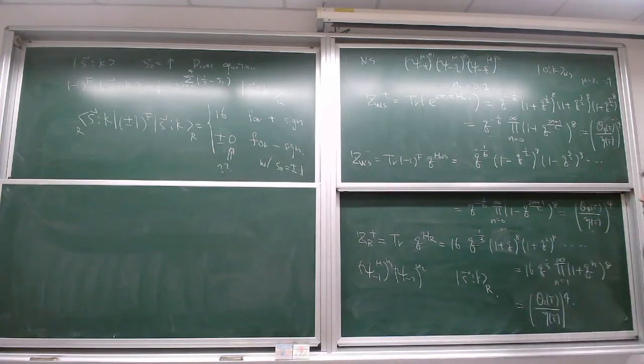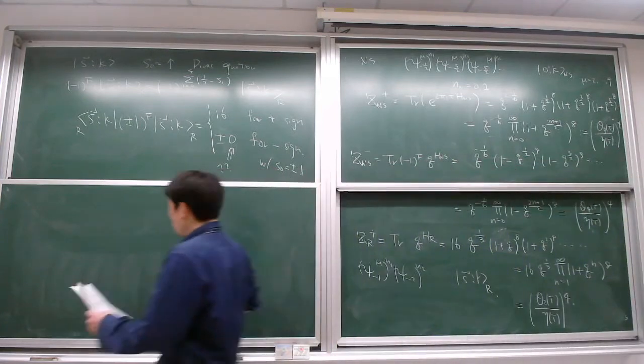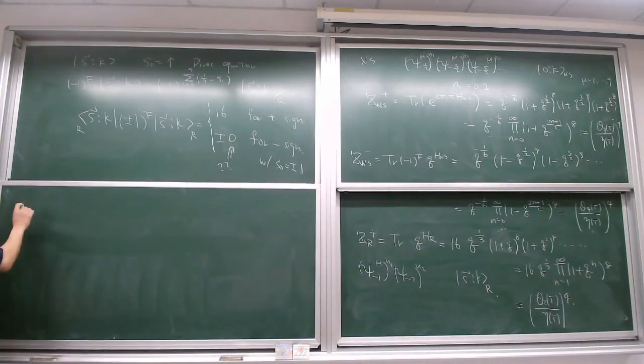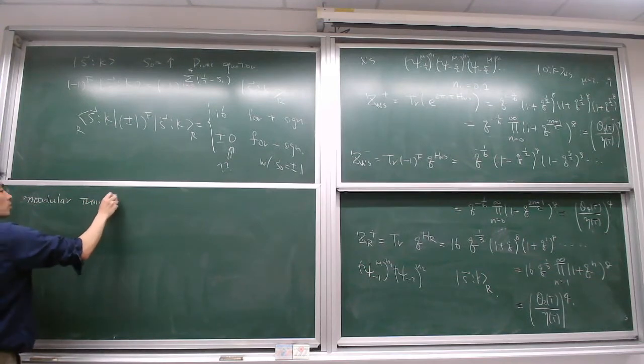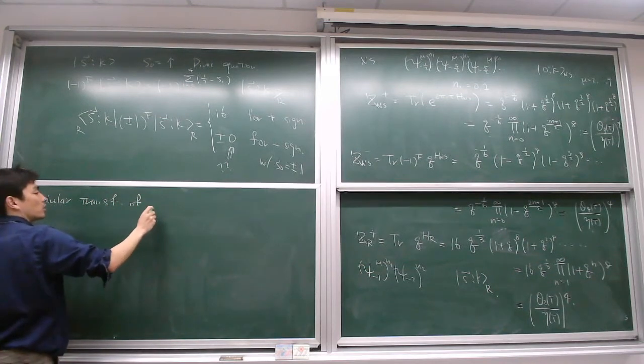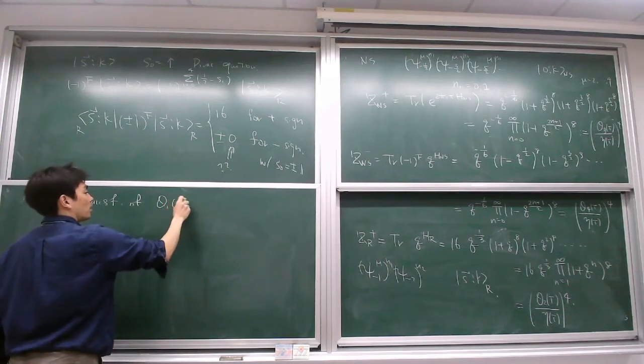Okay, so let's take a look at this one. I just give you some examples of modular transformation of Jacobi theta functions of tau.